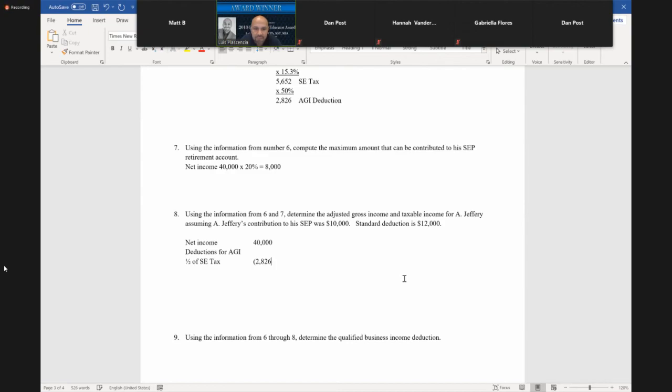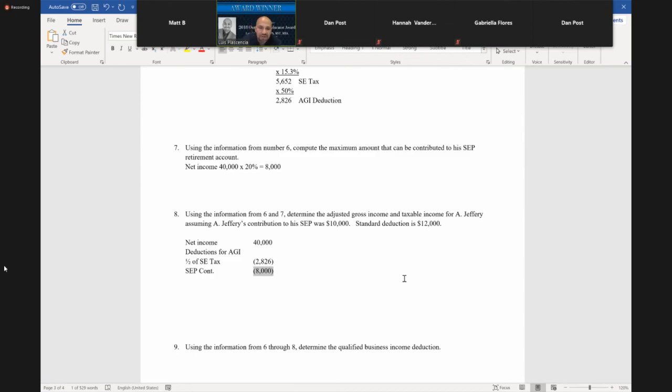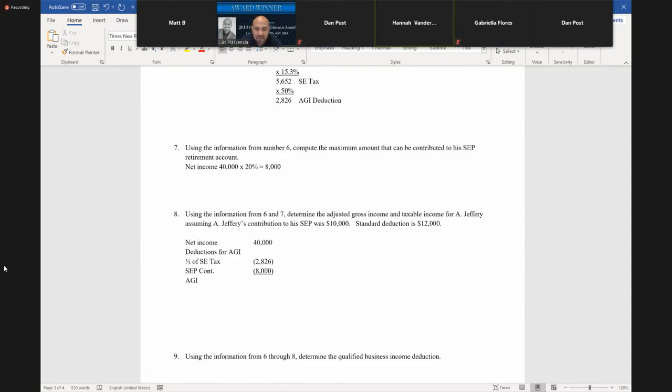And SEP contribution, right? The most they can deduct is 8,000, even though they made a larger contribution. By the way, this would equal your qualified business income. But in this case, it's AGI, which is going to be the same number. So 40,000 minus 2,826 minus 8,000, what does that give me? 29,174. Very good. Then from that number, we subtract either the standard deduction or itemized deduction.